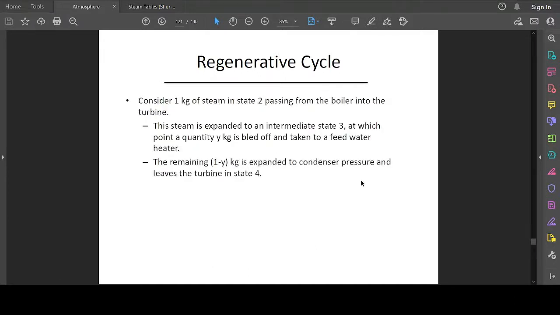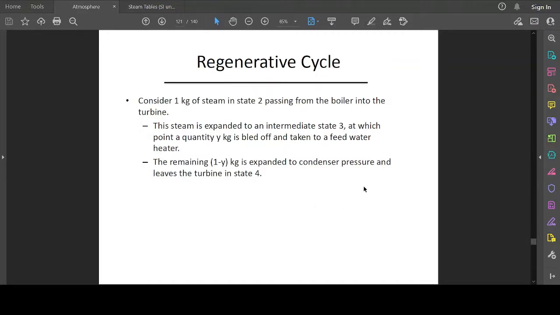So consider 1 kilogram of steam in stage 2 passing from the boiler into the turbine. This steam is expanded to an intermediate stage 3, at which point a quantity y kilogram is bled off and taken to the feed water heater, as shown in the figure.